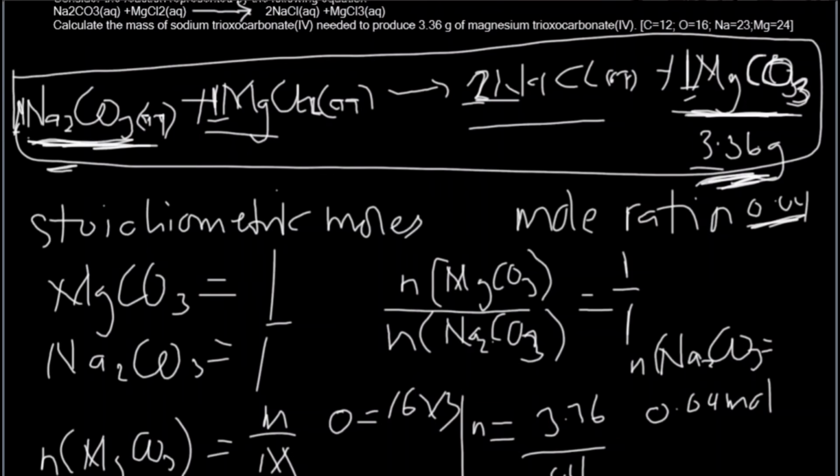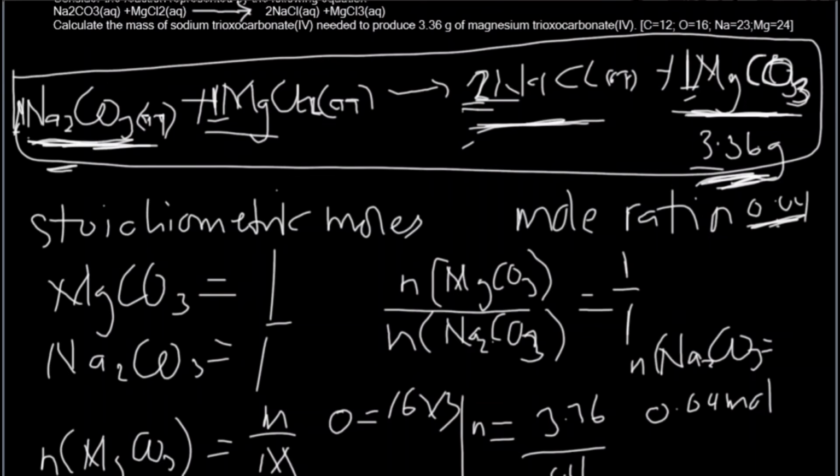In case we are supposed to compare it with NaCl, then this moles is twice of the other because here is 2. So the moles of NaCl as compared to this will be 2 times 0.04.